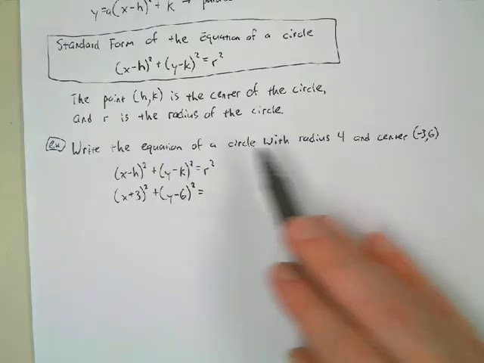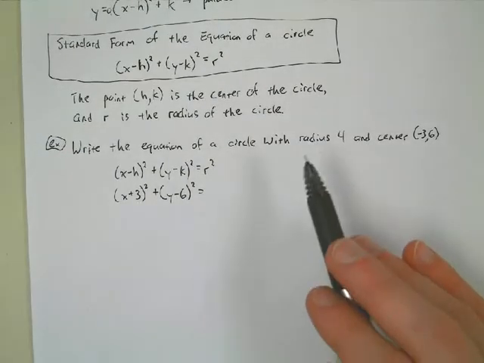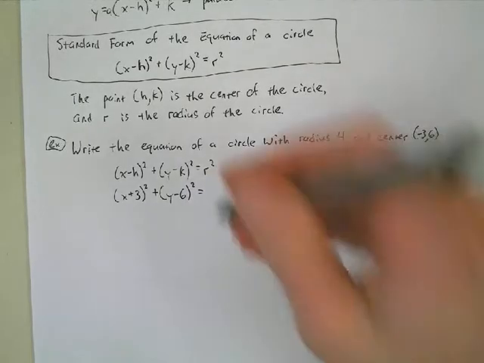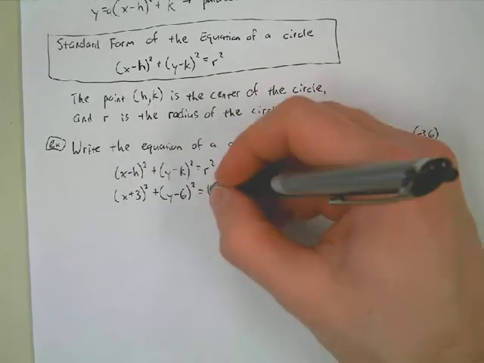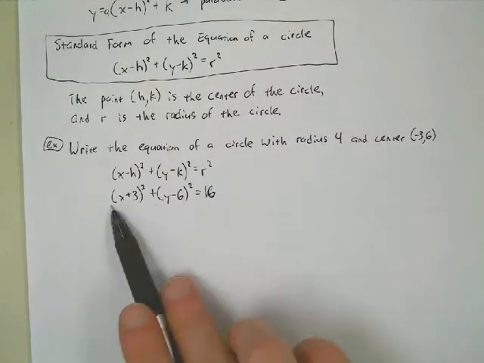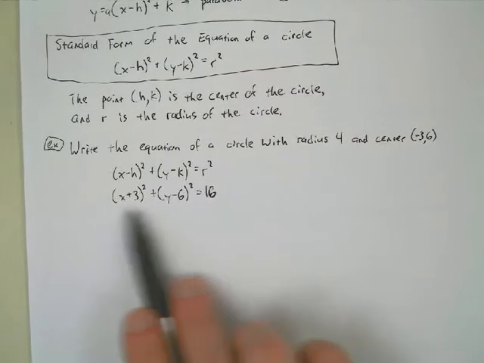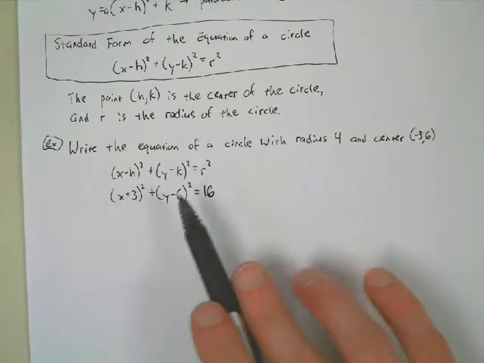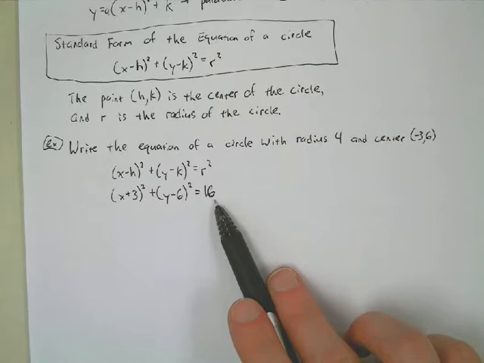The radius, and this is where it gets a little bit tricky. You've got to be on your toes here. The radius is 4, so r squared will end up being 16. This is a very common mistake. If I ask students, here's the equation, tell me what the center and the radius are, they'll say the center is at -3, 6, and then they look at 16 and say the radius is 16.